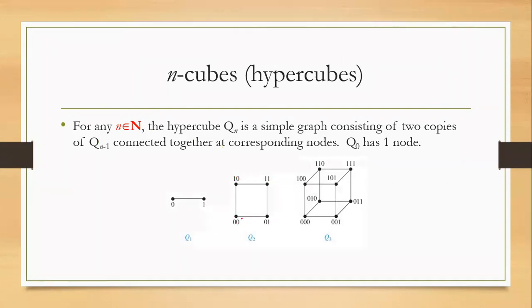For this, if you see, from 00 to 01 there is a change in the position of the second 0, which has changed to 1. And in the next case also, 00 has changed to 10. We can create an edge in this n-cube or hypercube if and only if the bit strings differ in exactly one position.